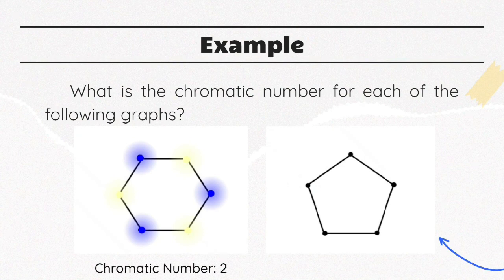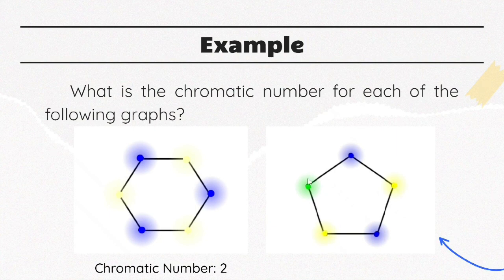Okay. How about this second graph? If we assign colors, the blue here is the same color as this vertex since they are not adjacent. The same with the yellow here and the yellow here. These vertices could be of the same color since they are also not adjacent.